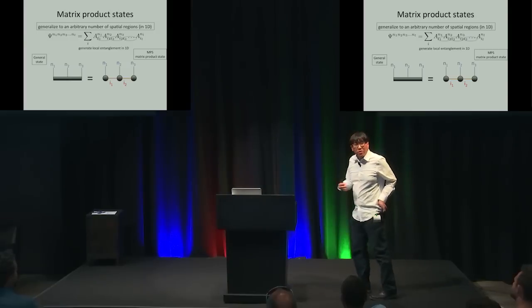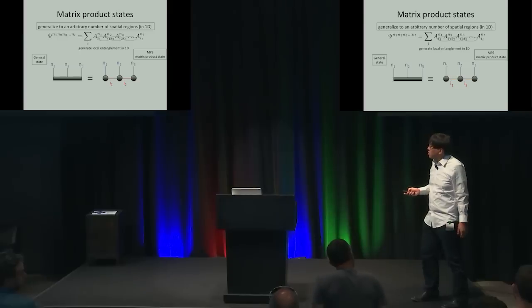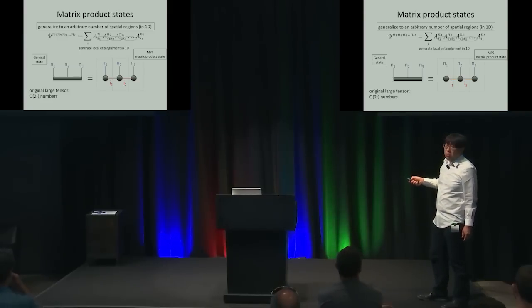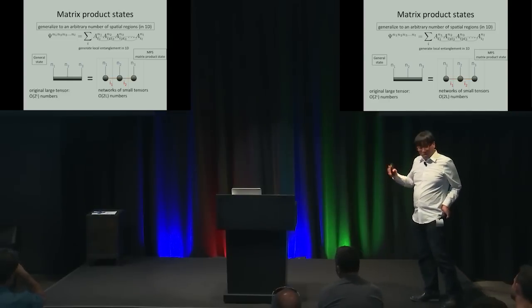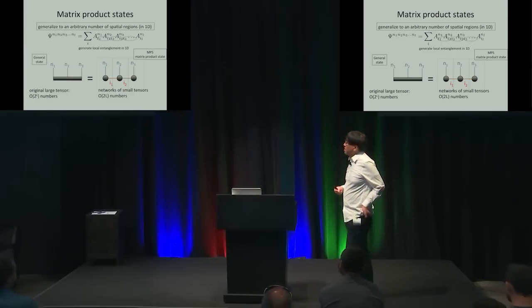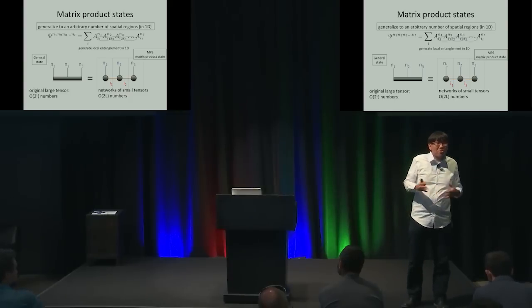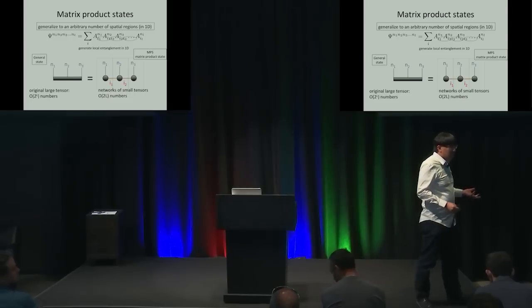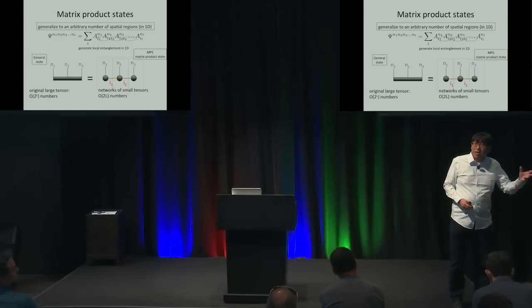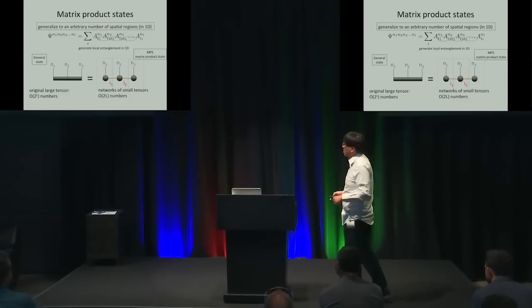Now, the reduction in complexity in storage is of course immense, because on the left-hand side you have an exponentially large set of numbers in the tensor, and on the right-hand side you only have linear complexity in terms of how much storage you need as the system size grows. So going from exponential to linear is an amazing reduction in cost. But the only reason we can achieve this is because the types of states we see around us are very, very special quantum states, not the arbitrary types of quantum states in principle allowed.